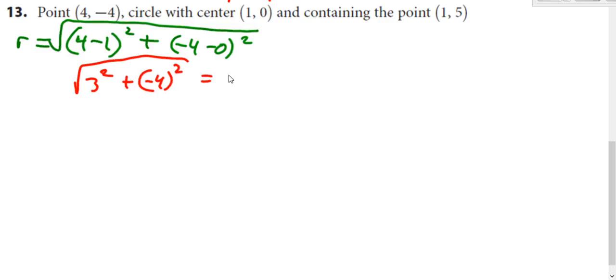So that's 9 plus 16. So the square root of 25 is 5, so our radius is 5.